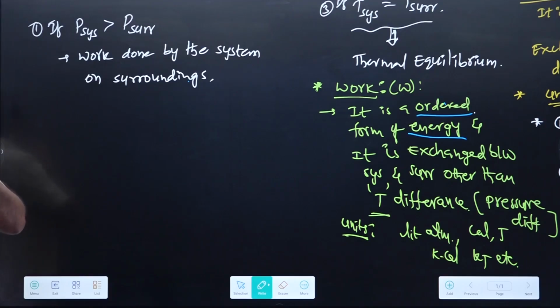Whenever the system does some work, is it losing energy or gaining energy? Think of working for an entire day without breakfast, lunch, or dinner: by doing work, you are losing energy.